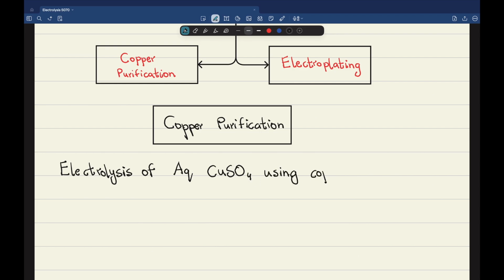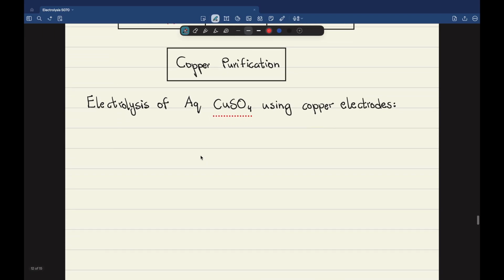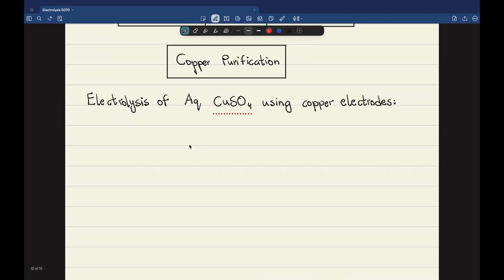Now copper is a reactive metal. It's a metal that can react, that does react in fact. So we are using copper electrodes, which are the reactive electrodes, and here fundamentally the whole story changes, because we are no longer using graphite or platinum inert electrodes.